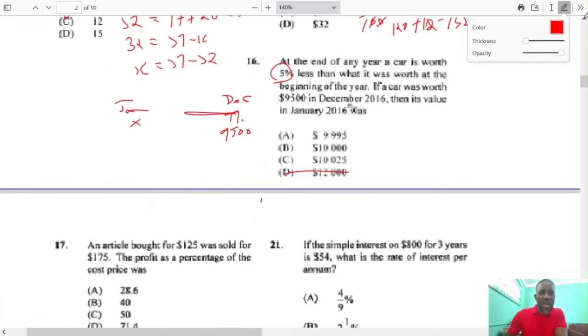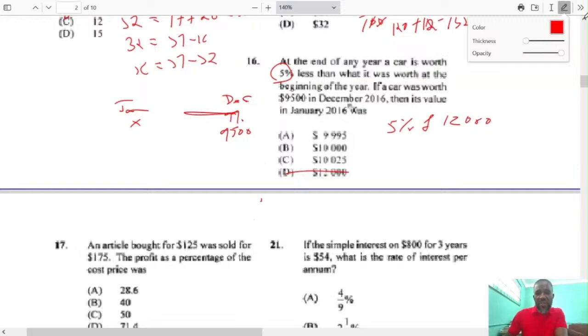We can just eliminate that. And basically, it's easy for 5% of any number of 12,000. So basically what we could simply do is multiply 5 times 12, and that would give us 60.